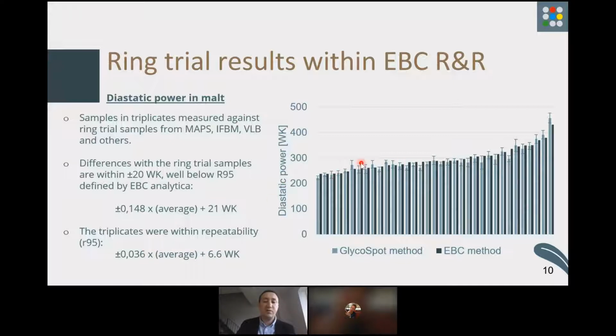What we can say is that with the triplicates that we measured here, we had all the values following this repeatability criteria, which in this range is between 15 and 20 Windisch-Kolbach.